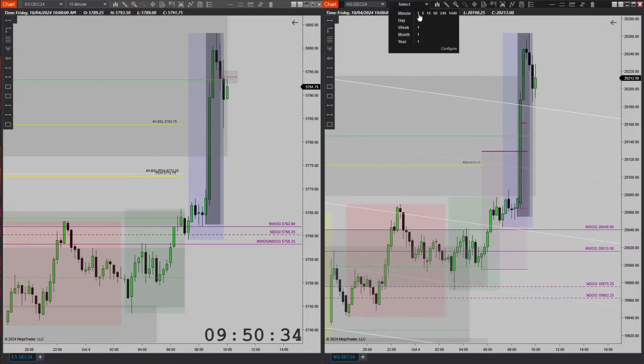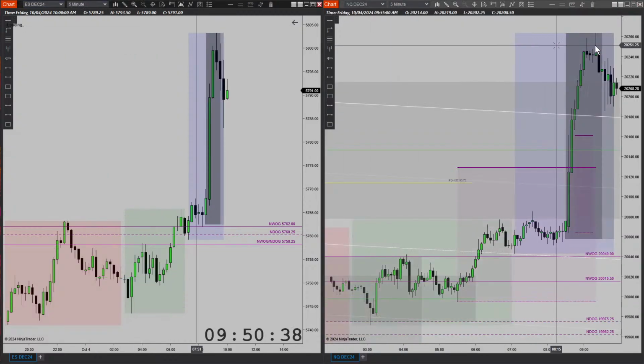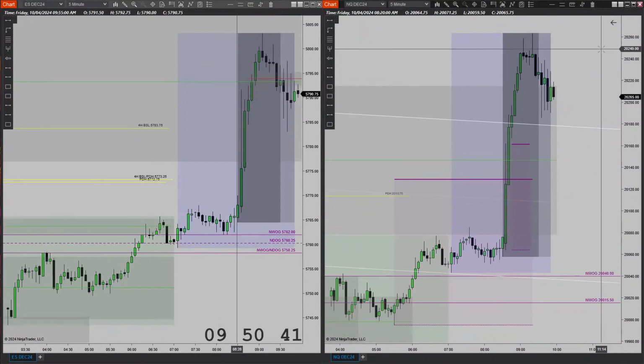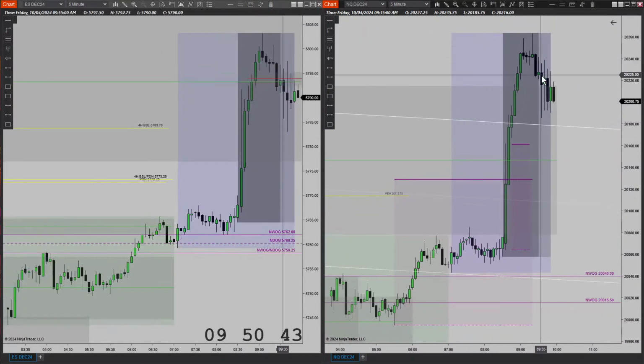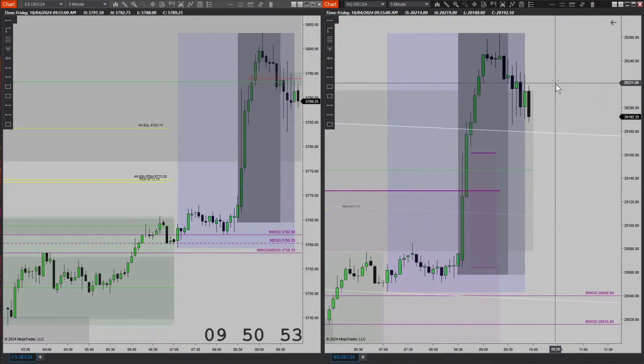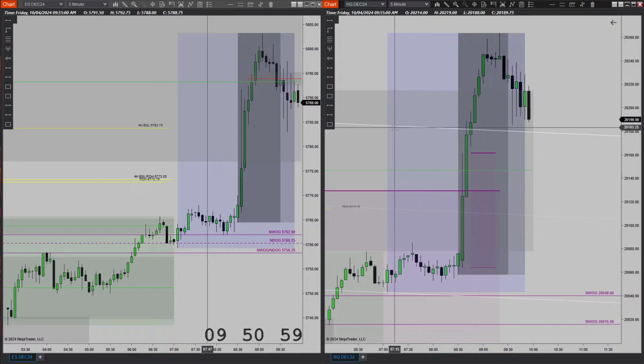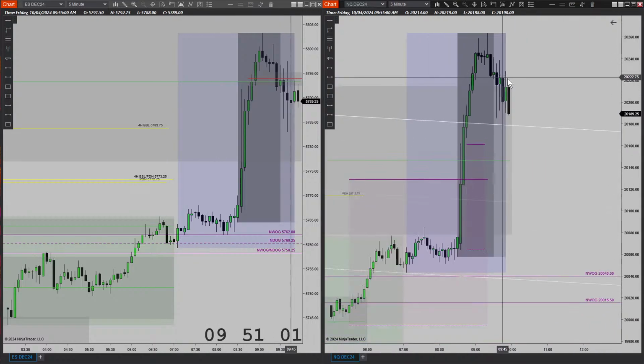Let's take a look at the 5 minute. Each bullish candle has failed to close above. So now my stop is above every previous 5 minute candle, and I'll leave it at that.